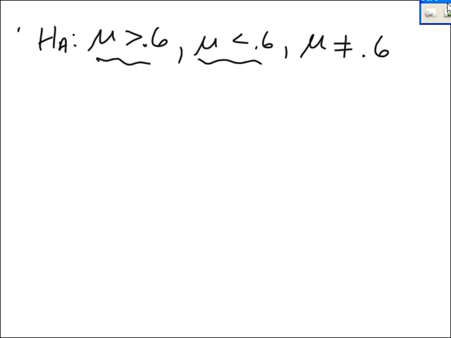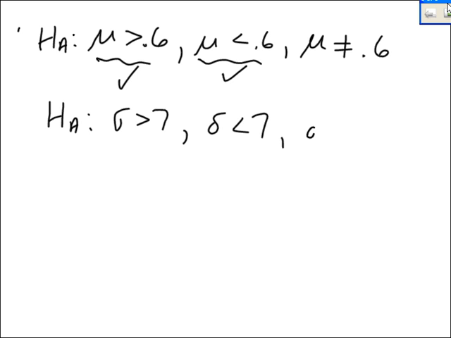If mu is not 0.6, then it's either smaller than 0.6 or bigger than 0.6. It could be that the alternate is that the standard deviation is bigger than 7, or less than 7, or not 7. That means bigger than or less than 7.